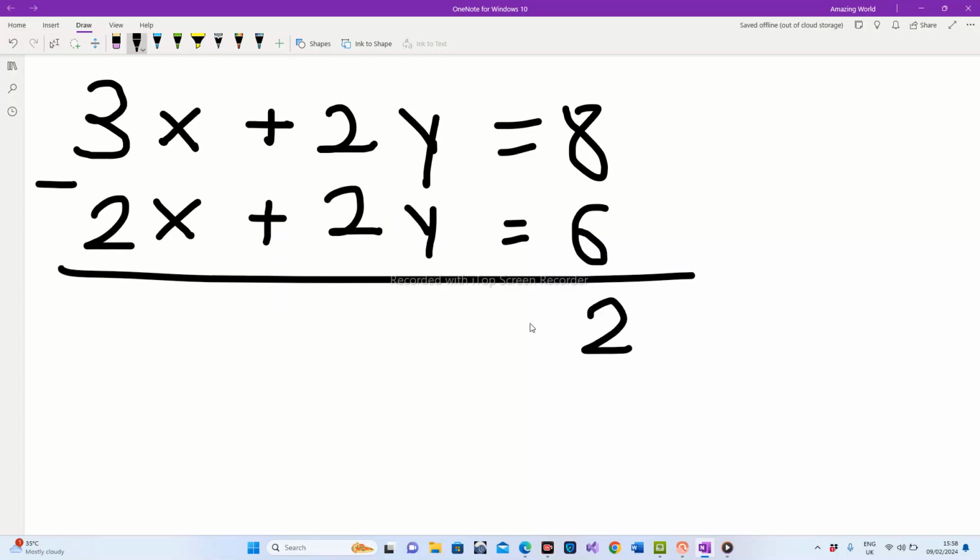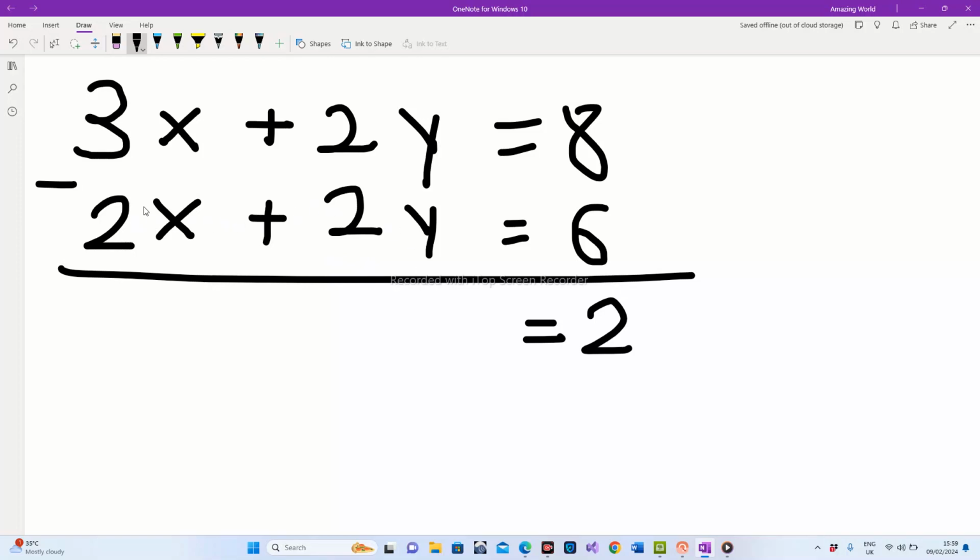Please take note that the negative sign is affecting everything on equation 2. That is why I said 8 subtract 6 here, which gives us 2. Then positive 2y subtract 2y will give us 0, just like we did in the last exercise.